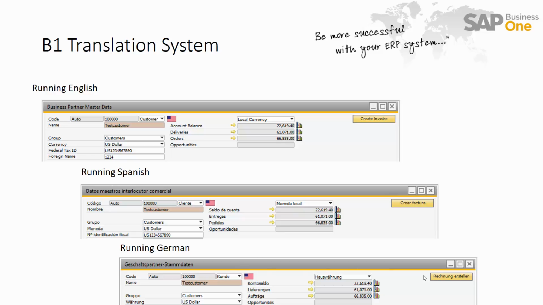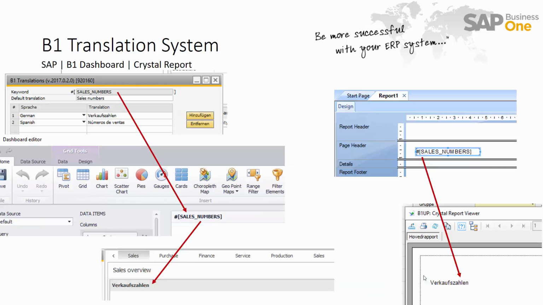So far, we could have used the existing SAP system, but we wanted to go beyond this, because B1 dashboards can also do these translations. Here I have sales numbers and I have again translated into German and Spanish. In the dashboard editor, you can then go in and replace your static text with keywords instead.